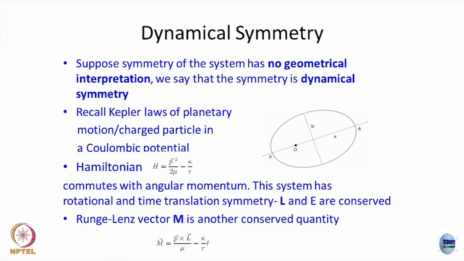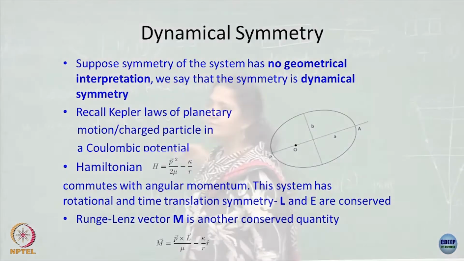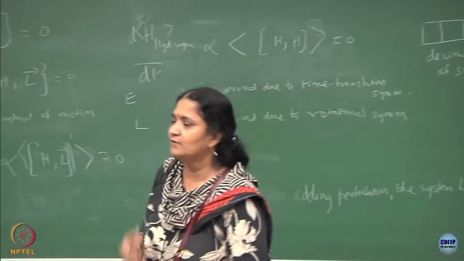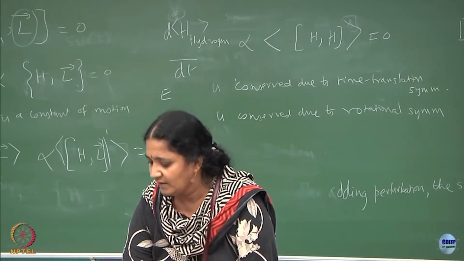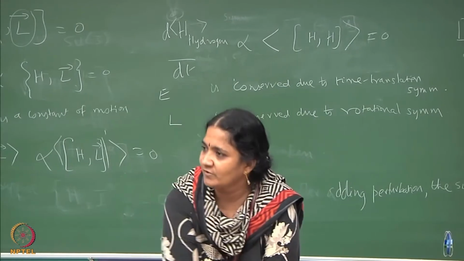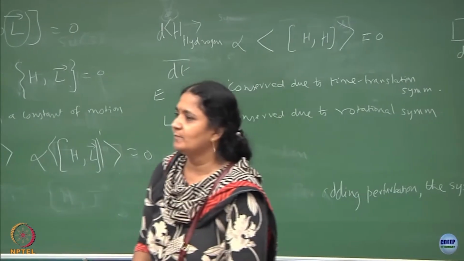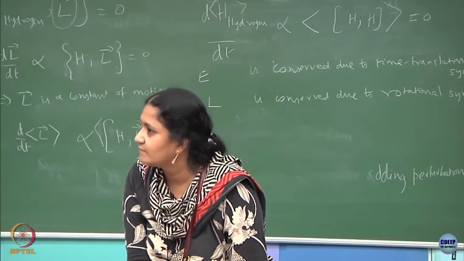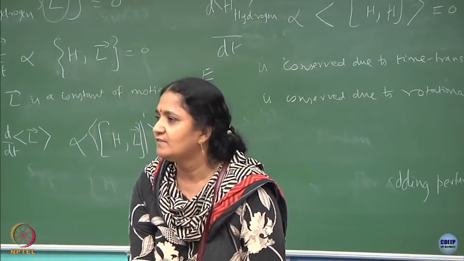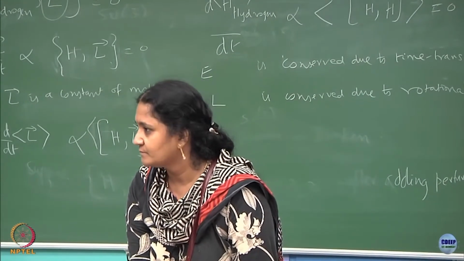It does not have this kind of a geometrical way of looking at it. The way we look at time translation or rotation, we really do not have a geometrical way of looking at what symmetry is responsible for giving this conserved quantity. But the Runge Lenz vector is conserved.